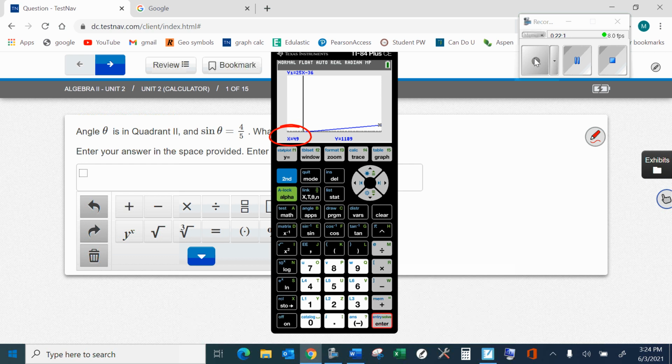Now, what would have been simpler is if I just typed in the main screen right here. It was 25, so it'd be 25 times 49 minus, what was it again? 36.